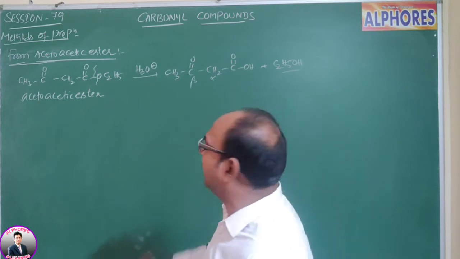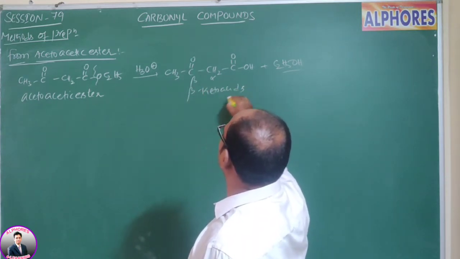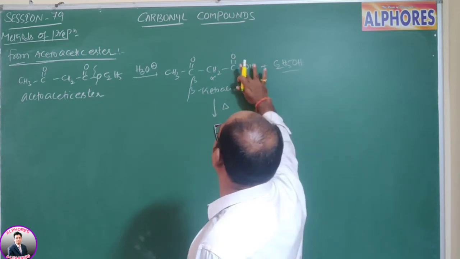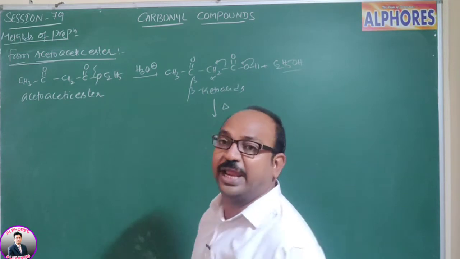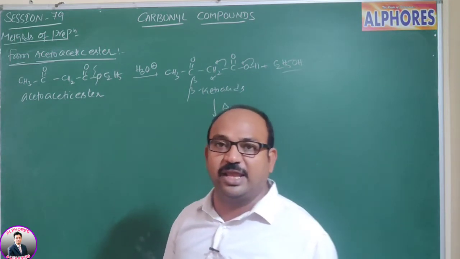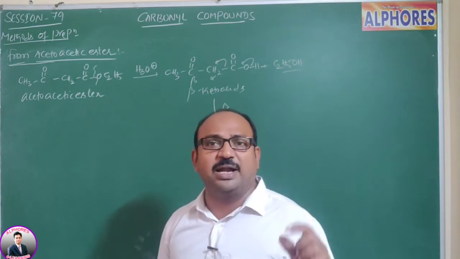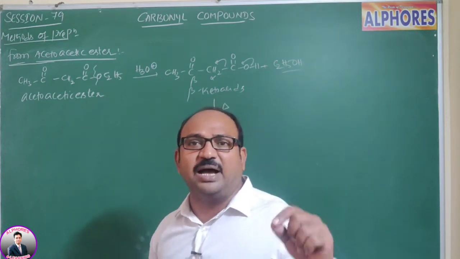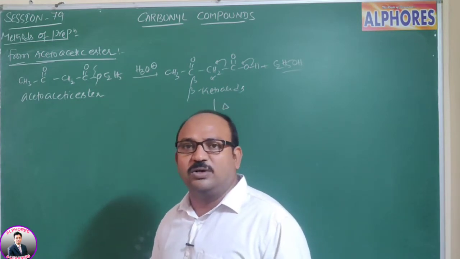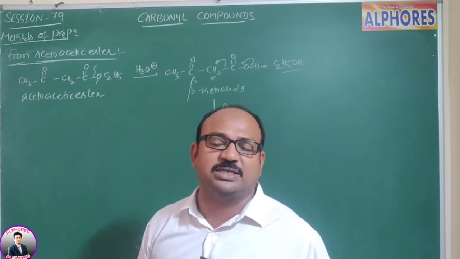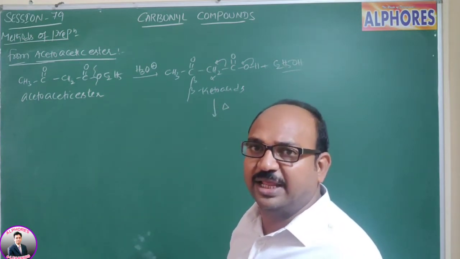This is what we call the beta keto acid, and beta keto acids undergo decarboxylation simply by heating, that means without any decarboxylating agent like soda lime. Beta keto acids, beta dicarboxylic acids, and beta gamma unsaturated carboxylic acids, these three undergo decarboxylation by themselves upon heating without using any decarboxylating agent.